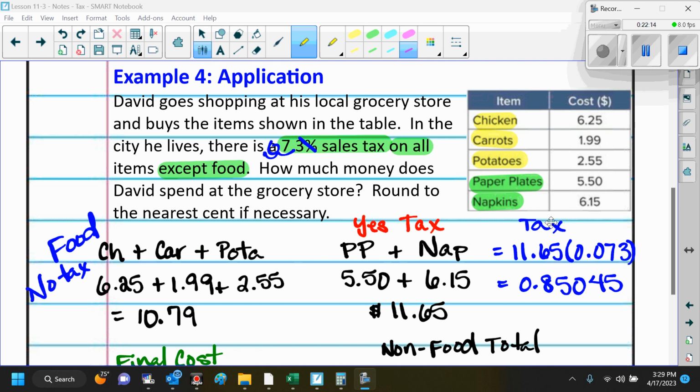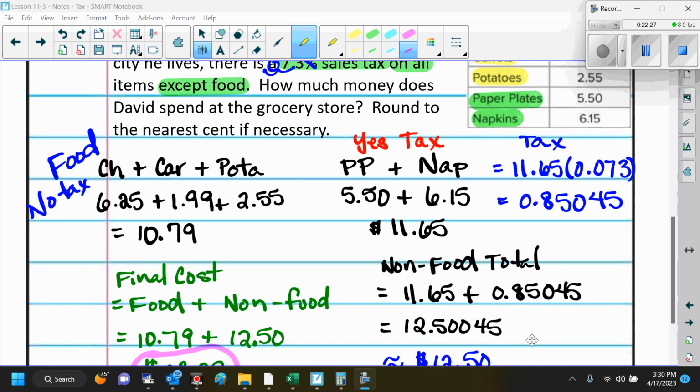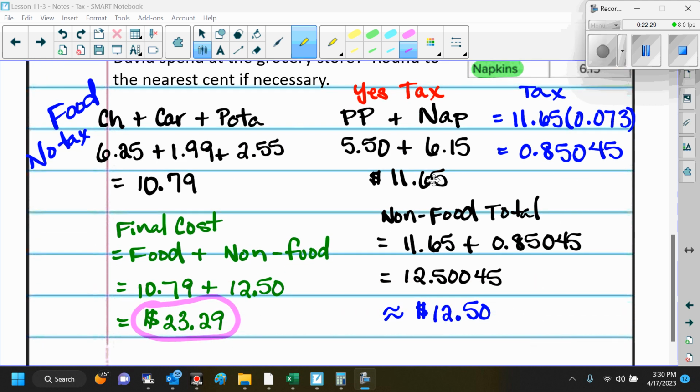So we're going to calculate our tax. We get 0.85045. Remember, I want you to round at the end. Okay, so when we put those together, the non-food total, once we add the subtotal of the paper plates and napkins, add the tax on, that gives us 12.50045, which, okay, we can go ahead and round that one, is $12.50.